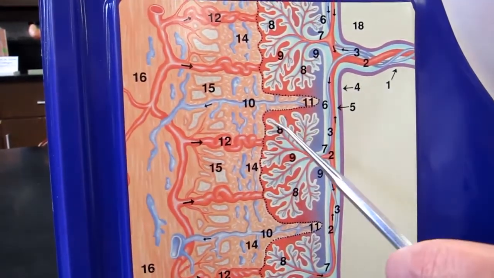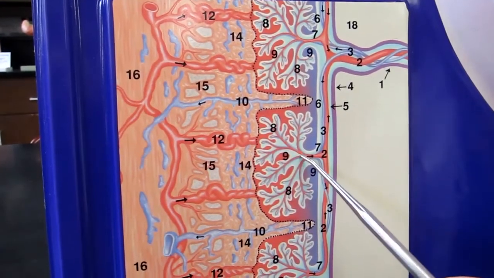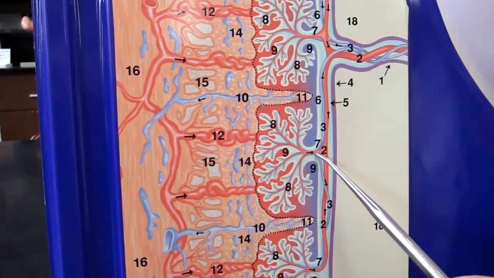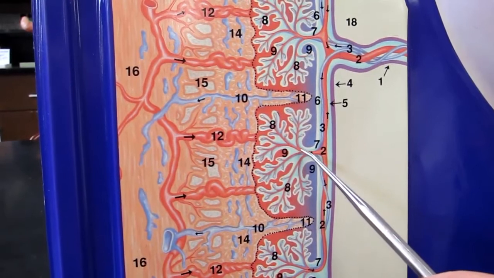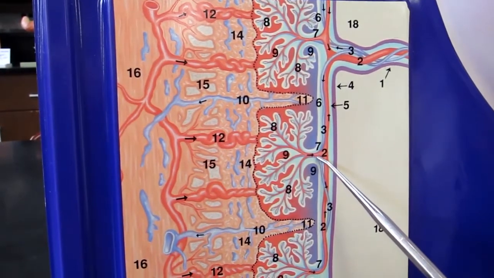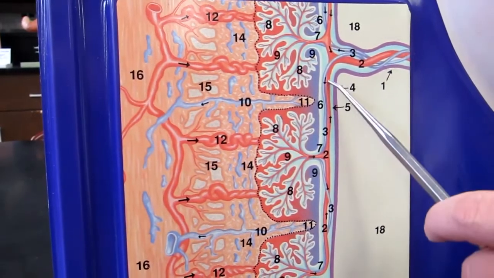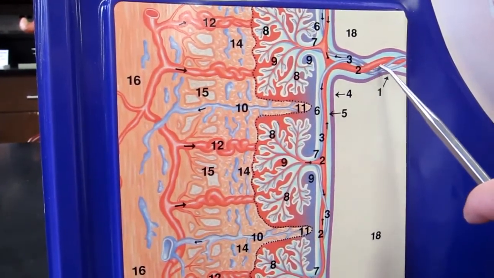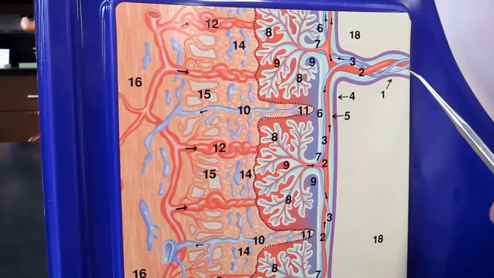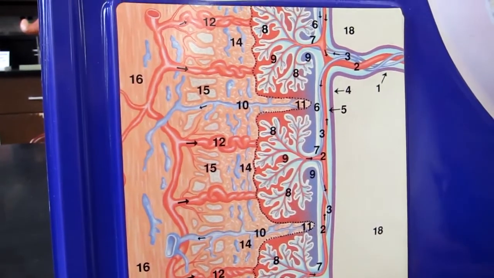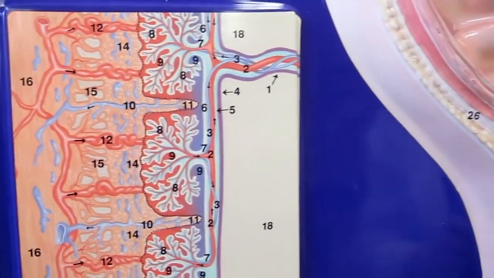Okay, now the newly oxygenated blood will leave through the umbilical vein. Okay, the venules first, and then the umbilical vein. Here's the big umbilical vein in the umbilical cord. Okay, and we'll look at that again in a few minutes.